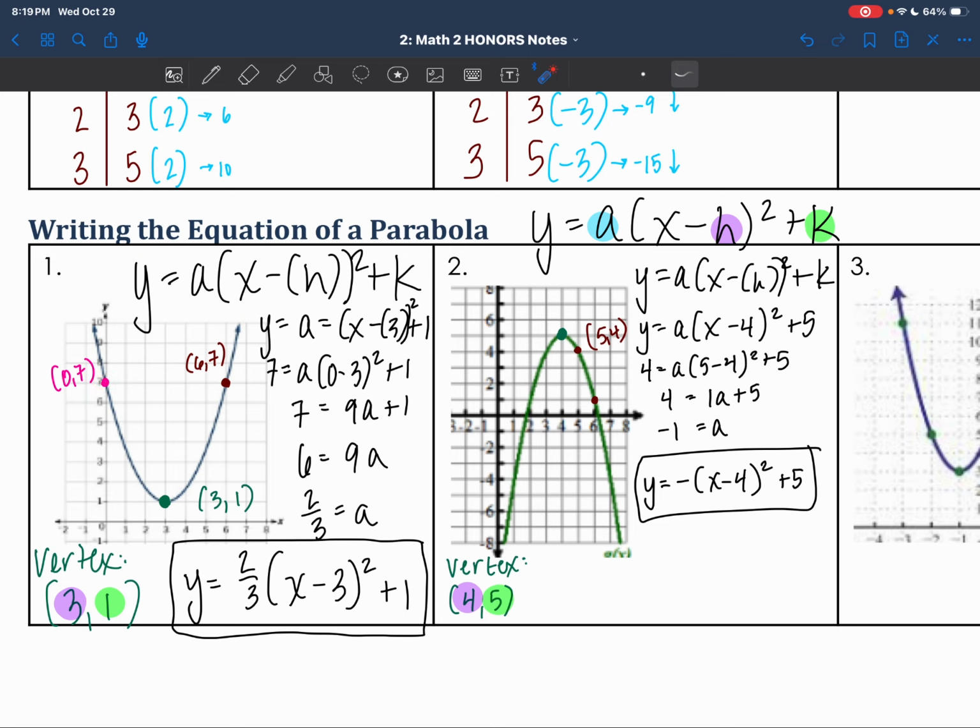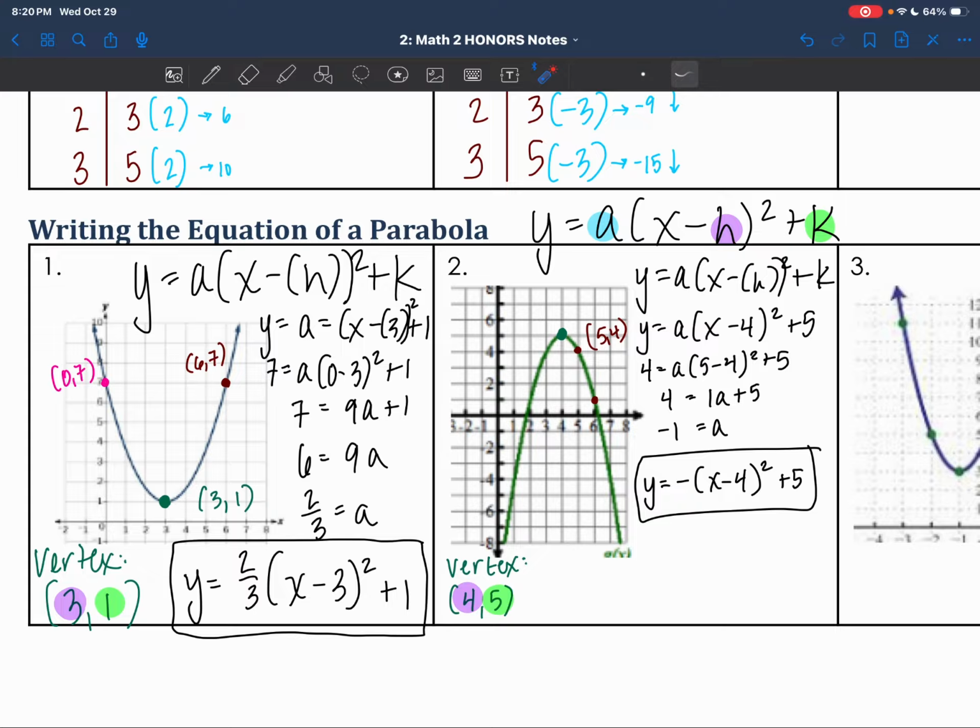And now we're going to solve for a. So I got a equals 2/3. So once I did that, I know a is 2/3, h is 3, k is 1. And this whole thing is your equation. And then your vertex would be (3, 1).